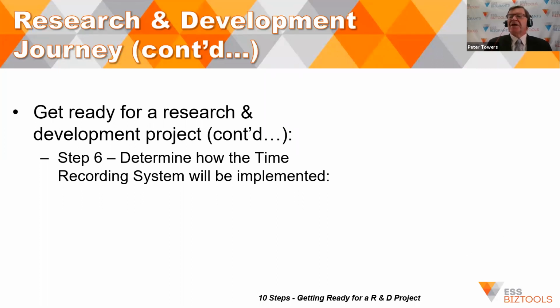Step 6, determine how the time recording system will be implemented. The recording system is basically what time units are going to be used. You're going to use hours and minutes and record in that way. I think that can be a bit unwieldy.